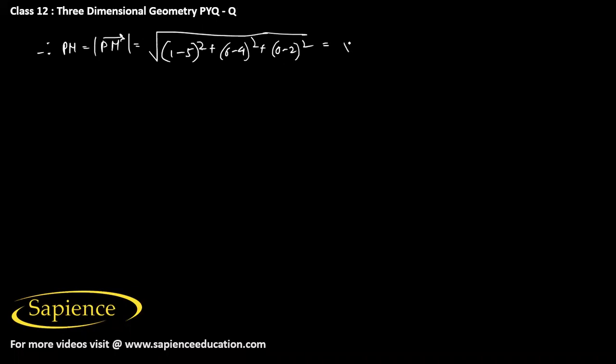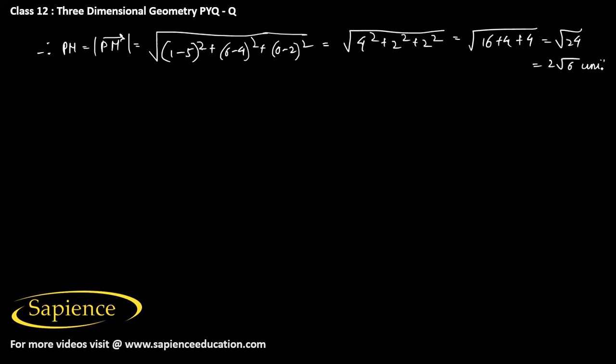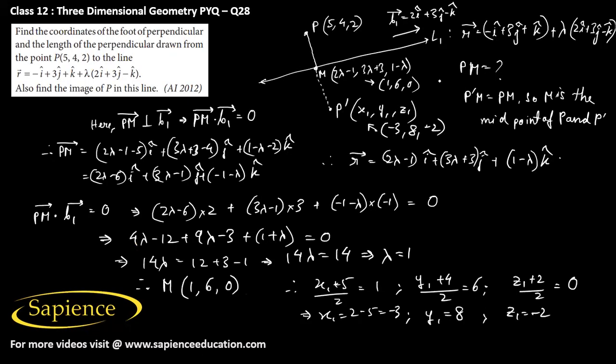So this is equal to the square root of 4 square plus 2 square plus 2 square. So it is the square root of 16 plus 4 plus 4. So it is the square root of 24, which is 2 root 6 units. So mod PM is 2 root 6 units.